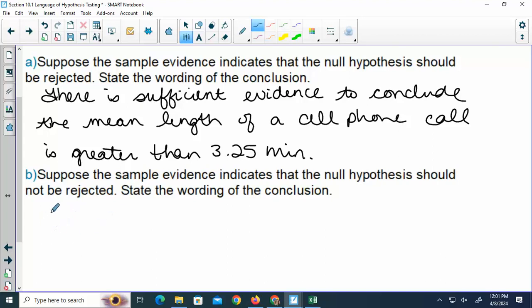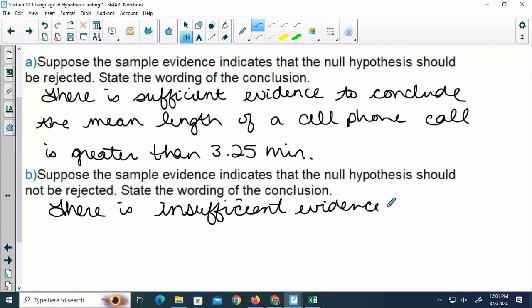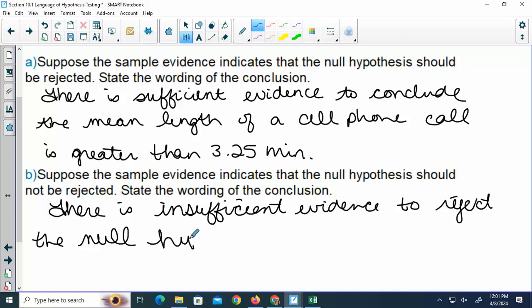So all we can say is there is insufficient evidence to reject the null hypothesis. Doesn't mean that that is still the mean phone call length. It just means I can't prove that it's not. Any questions there?